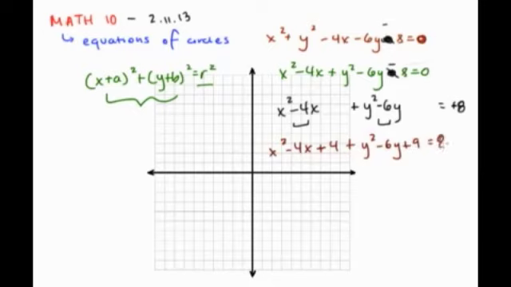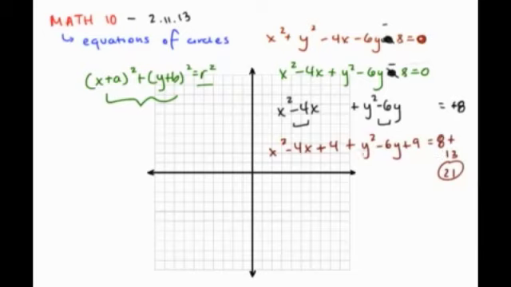And it's 8 plus all of this, which is 13, and that is 21, because plus 4 plus 9, and we have to do it to this side too. So that's plus 13, 21.